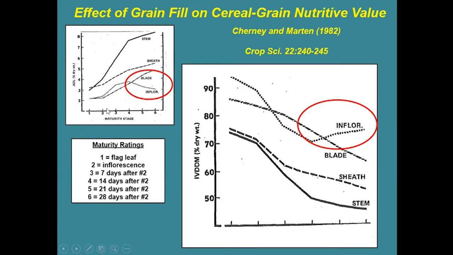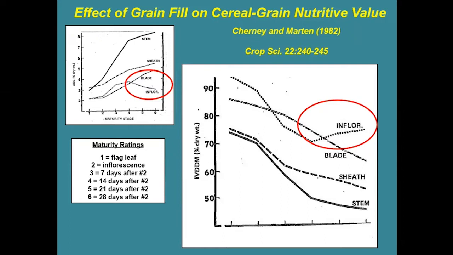And for these same plants described up here, if you look at dry matter digestion, this is done in vitro for these tissue types, you will notice that they decline, as you would expect with maturity for all these tissue types except the inflorescence. And how much that increases is a subject of how much head, how much grain fill is associated with the development of the plant.